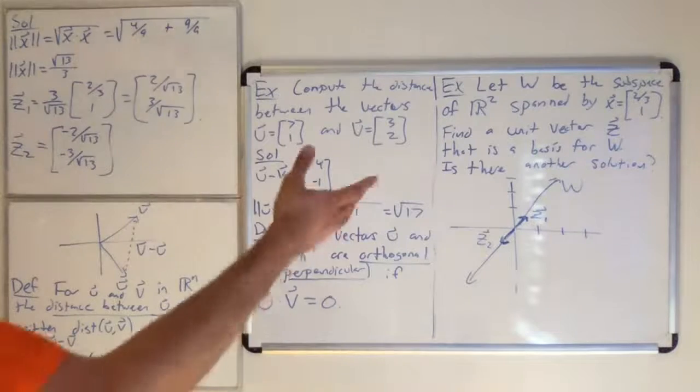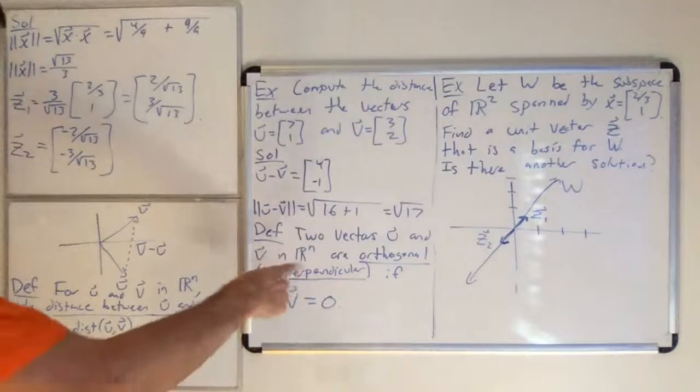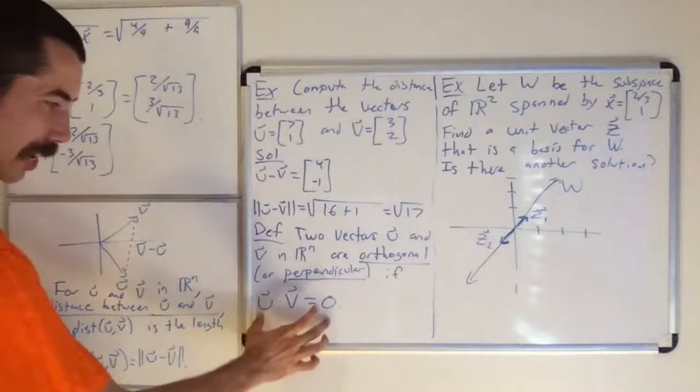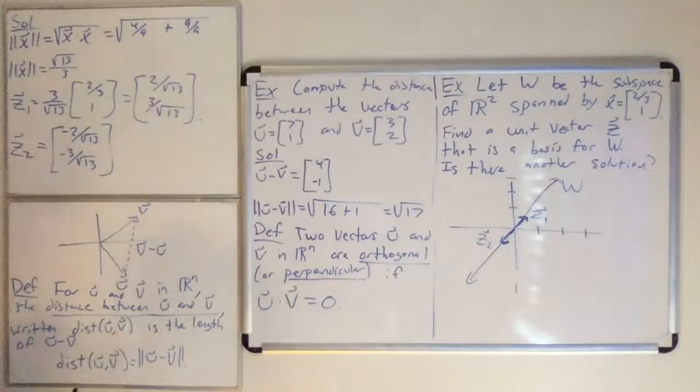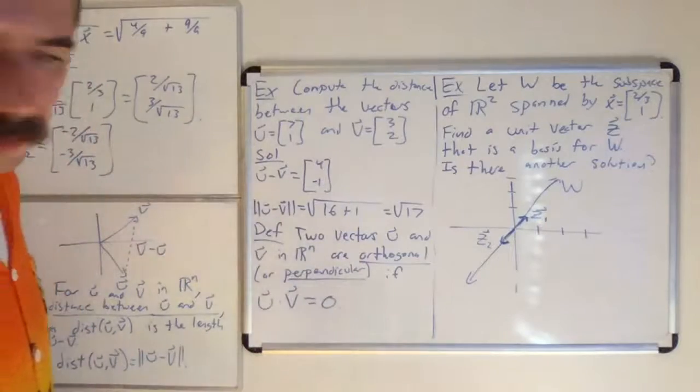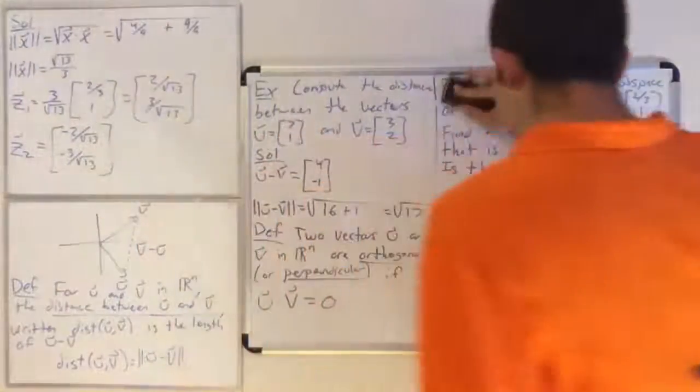Okay, and so we'll see by an example that vectors that are orthogonal or perpendicular, vectors that satisfy this property, actually meet at a right angle, like what we were taught perpendicular meant in elementary school or middle school.